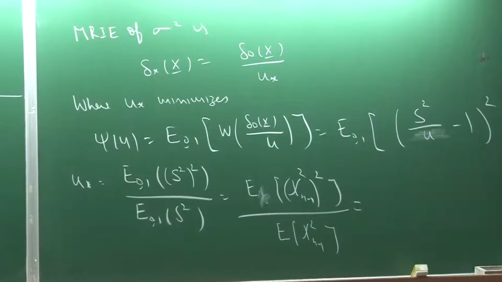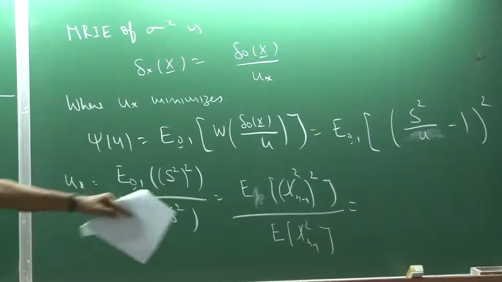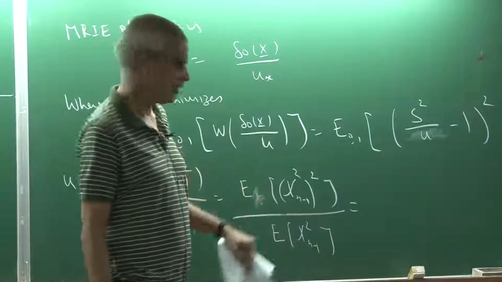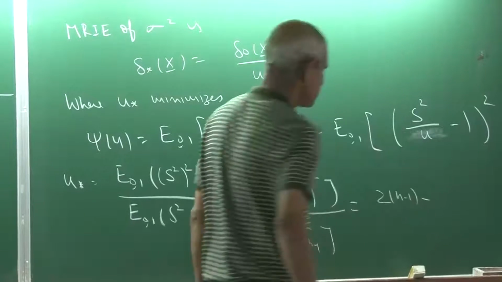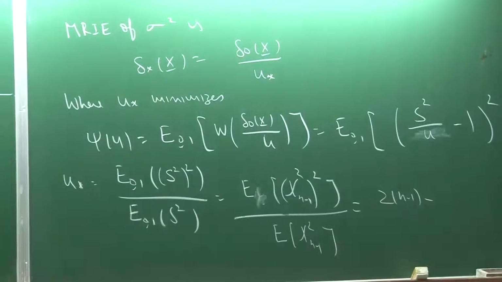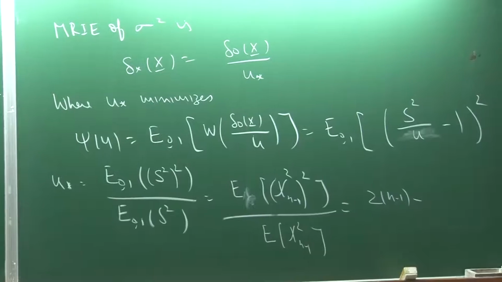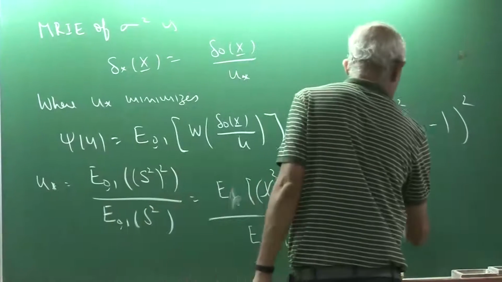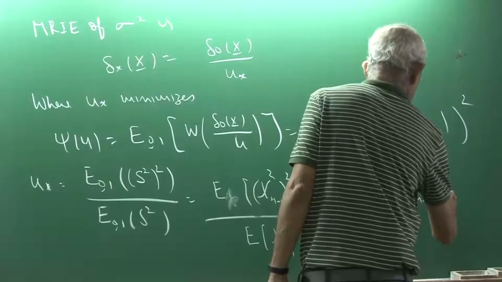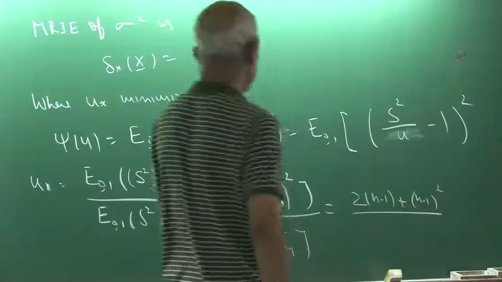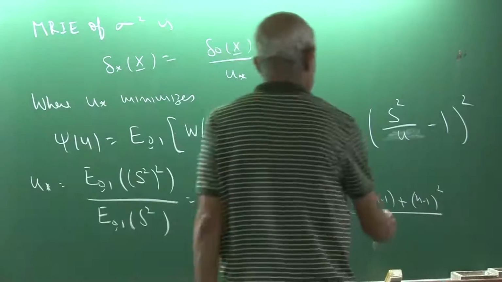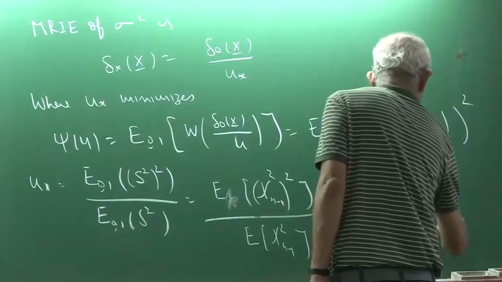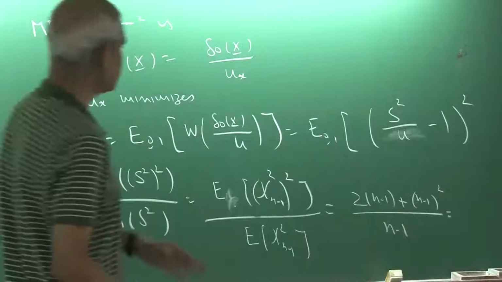What is the expected value of a square of a chi square? It is the variance of chi square, which is 2 times n minus 1, plus the expected value of chi square whole square, which is n minus 1 whole square, divided by the expected value of chi square on n minus 1, which is n minus 1. So how much does that become?